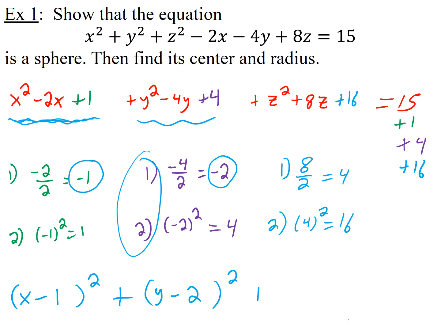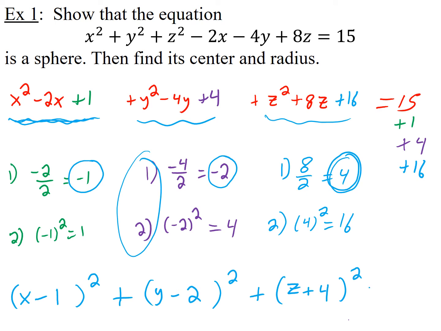Plus, okay, this term here again is something squared. So I'm going to put a parentheses squared. And because that term has only z's in it, it's going to start with a z. And then what number goes next to it? Remember, it's always going to be the number you got at the end of step 1 before you squared it. So 4, because it's positive, you put (z + 4).